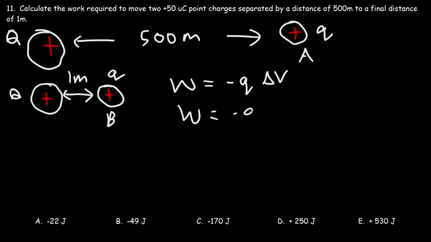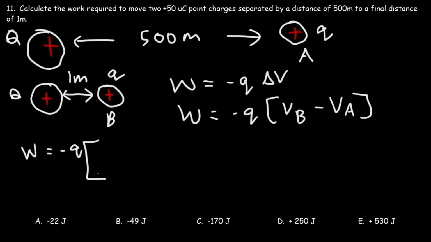So delta V is going to be the change in electric potential. It is the electric potential created by charge Q at point B minus the electric potential created by that same charge at point A. Now the electric potential at point B is going to be KQ divided by RB, where RB is 1 meter.